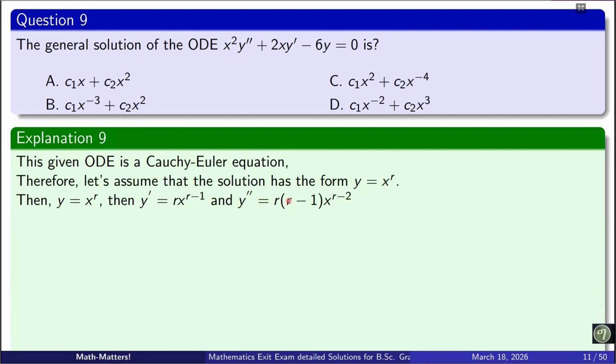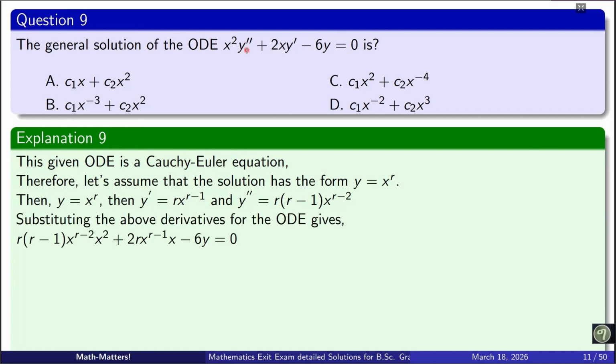Now let us substitute these, that is r times x to the power of r minus 1 in the place of y prime, and r times r minus 1 times x to the power of r minus 2 in the place of y second derivative, within the original equation.